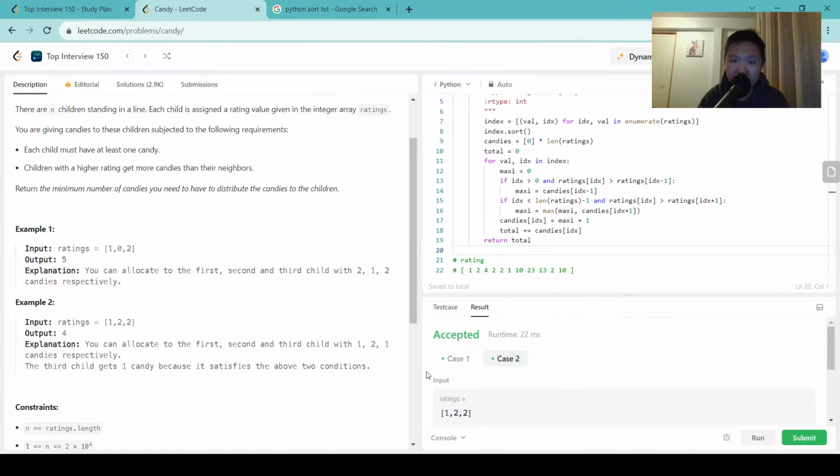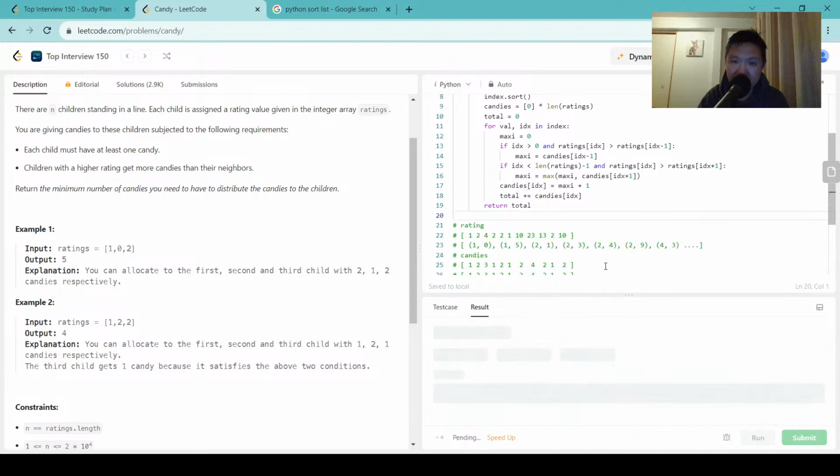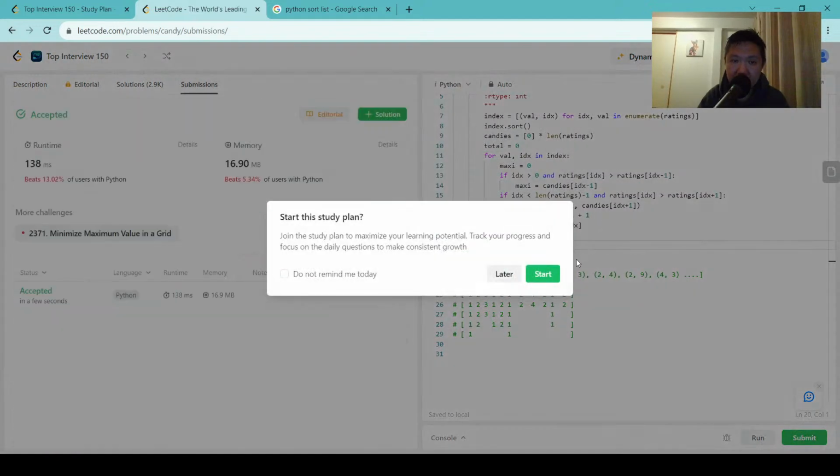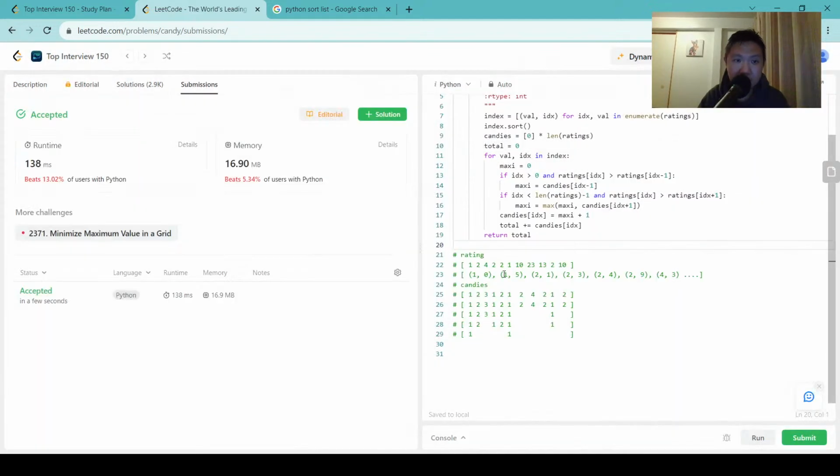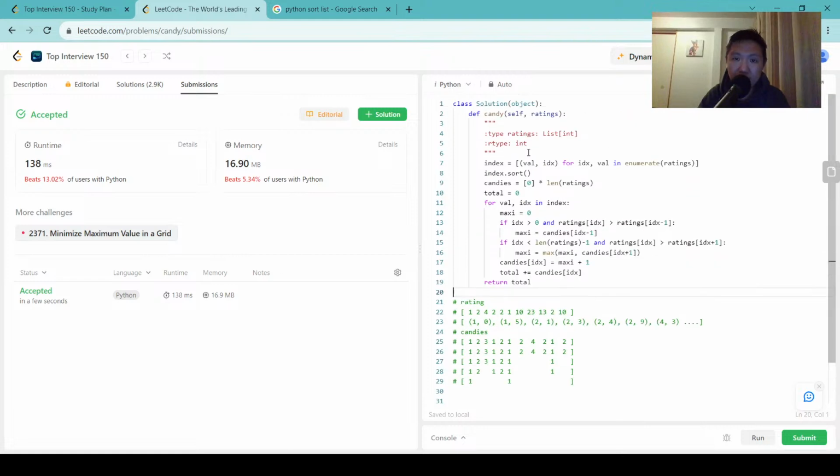I think the only problem with this is that it's not the absolute fastest. What is the runtime complexity of this algorithm? Well, the runtime complexity is actually this thing right here, sorting.